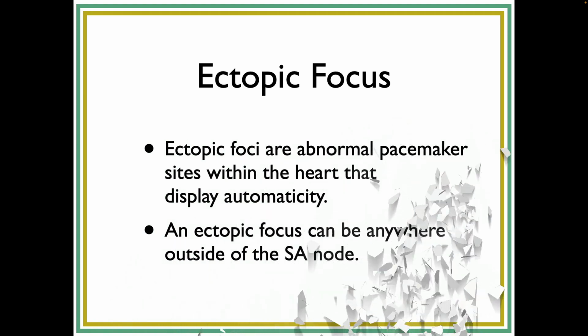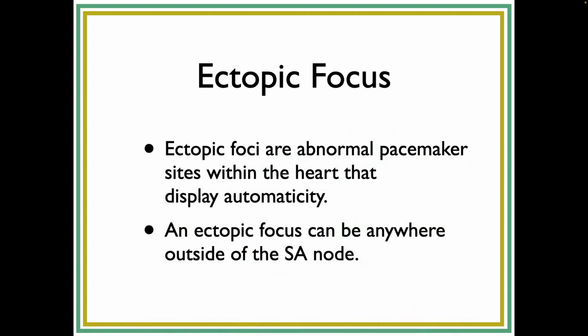So ectopic foci, and yes, foci is the plural of focus, are abnormal pacemaker sites within the heart that display automaticity. An ectopic focus can be anywhere outside of the SA node. Of course the heart has the ability to have automaticity outside of the SA node, but the term ectopic focus applies to anywhere except the SA node.